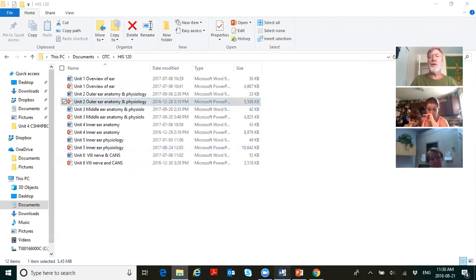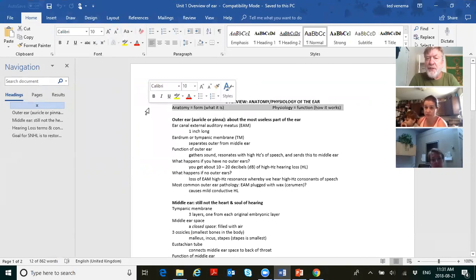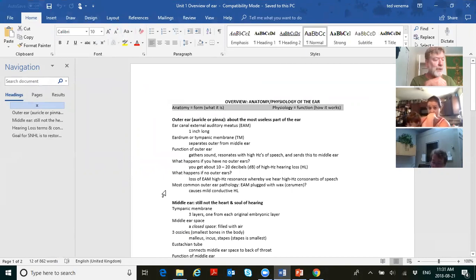So here we go. Notes, overview, anatomy, physiology of the ear. When you're looking at this course, anatomy is the form, okay? It's what it is. Oh, I'm graying this out so you can see it more clearly.